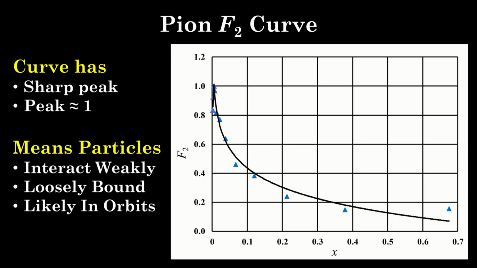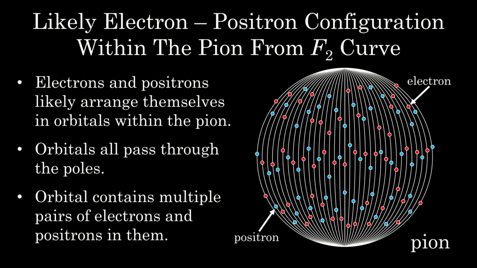The sharp peak of the pion F2 curve at just under 1 suggests the electrons and positrons that appear to form the pions never come in contact with each other. This is why they do not annihilate each other inside the proton and did not annihilate each other when the pions that became proton components formed.